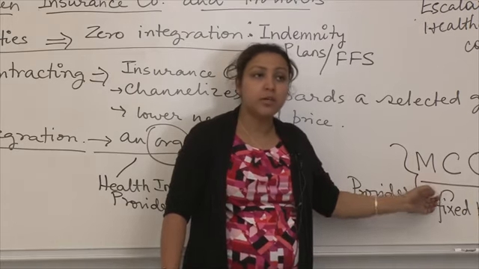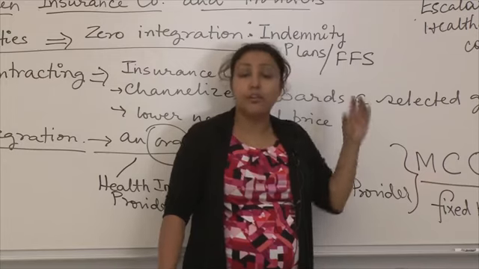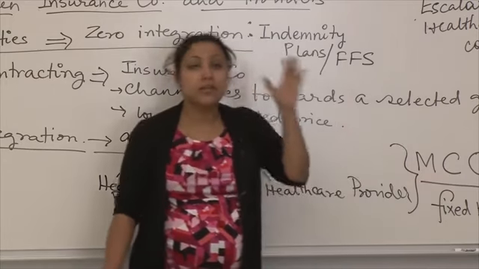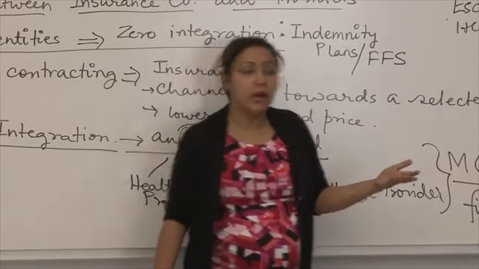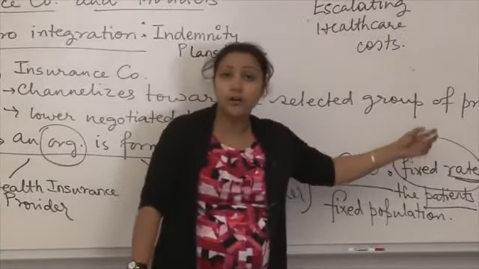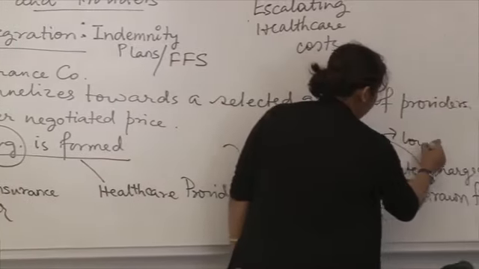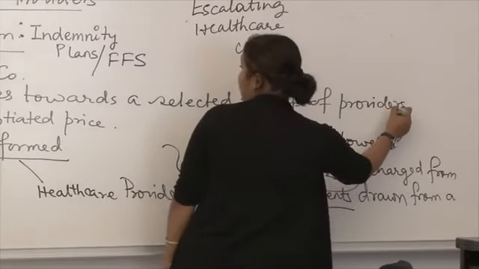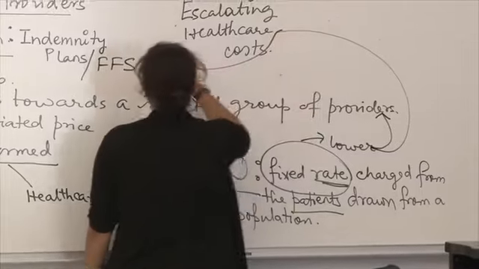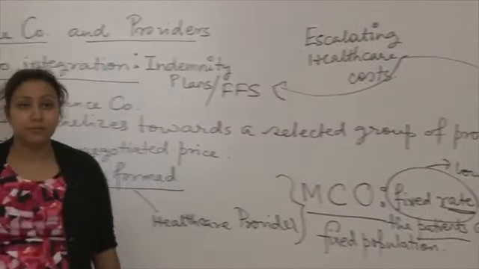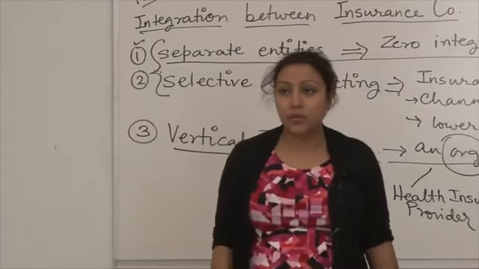So asymmetric information is reducing, and also the risk that the insurance company has to face is reducing. And so they can offer the patients some benefits in the form of a lower fixed rate. This rate is usually lower than the selective contracting premium, and it is also lower than the fee for service premium. And that is empirically observed in the real world.